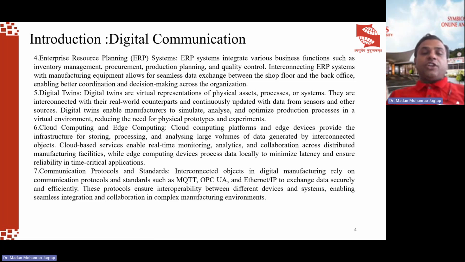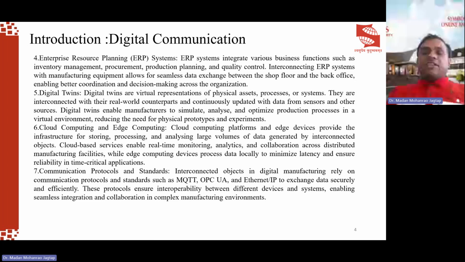Then communication protocols and standards. Interconnected objects in digital manufacturing rely on communication protocols and standards such as MQTT, OPC and Ethernet IP to exchange data securely and efficiently.